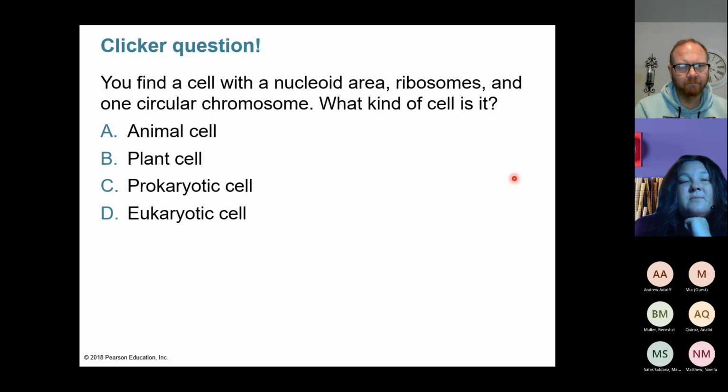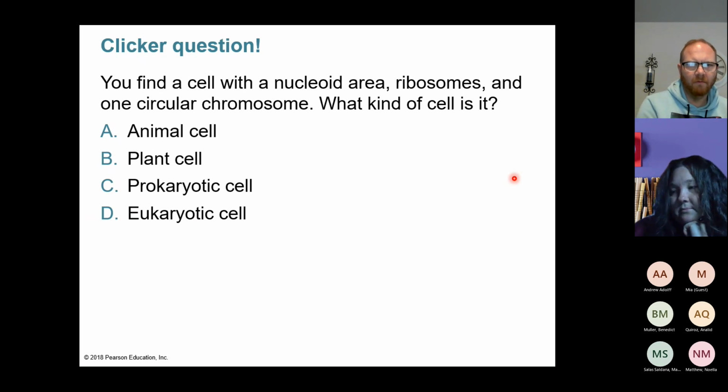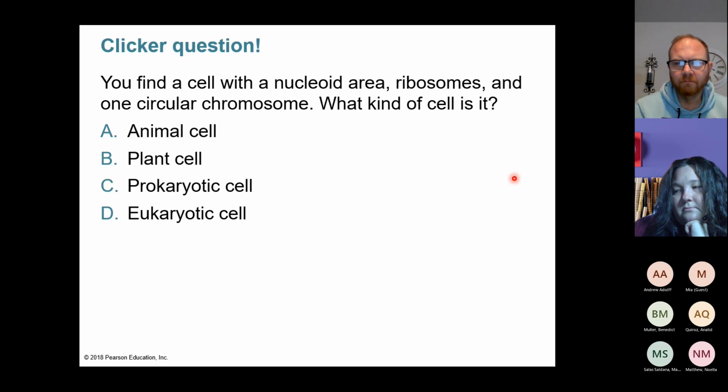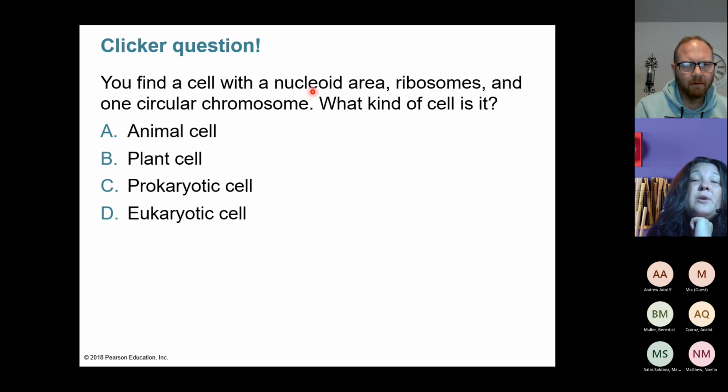What about this one? Okay, 60% said C and 40% said D. The key word here is nucleoid area.